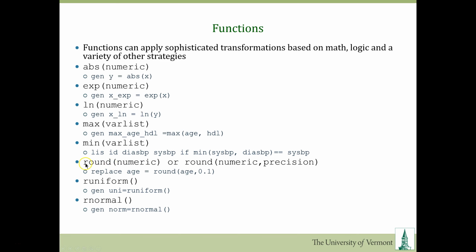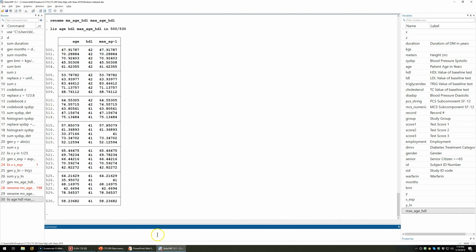Here's a function that rounds numerics. You can, for instance, replace age to the nearest tenth. So as you can see, our age variable is calculated out to a ridiculous level of specificity. Perhaps we would like to do replace age is equal to round age, and do it to a tenth of a year.